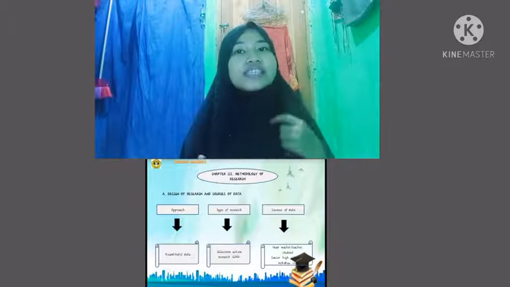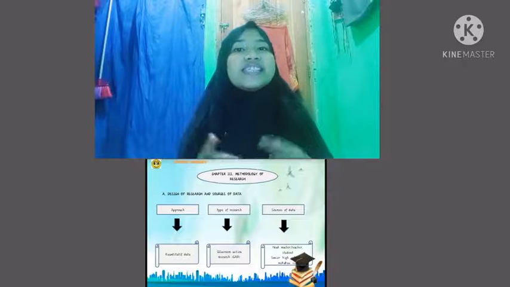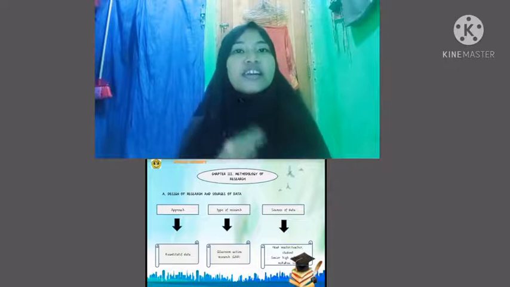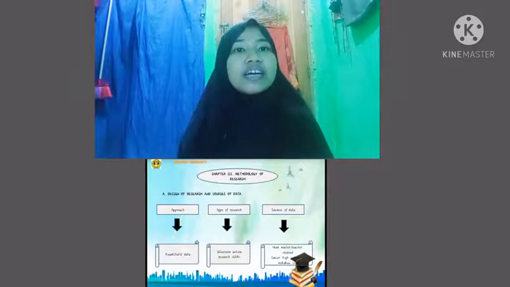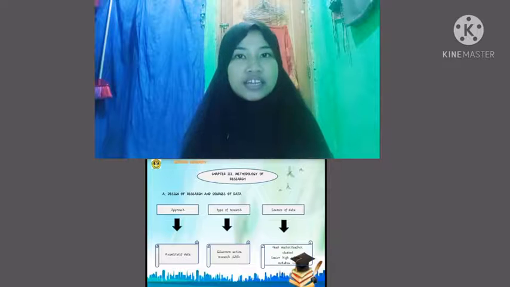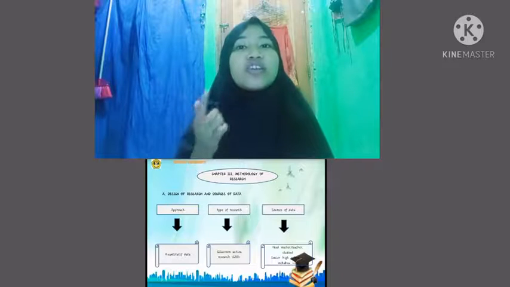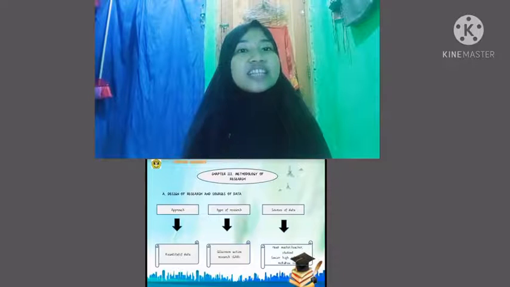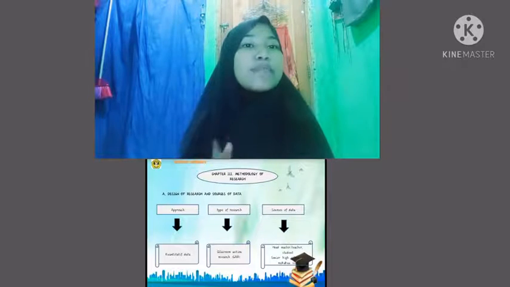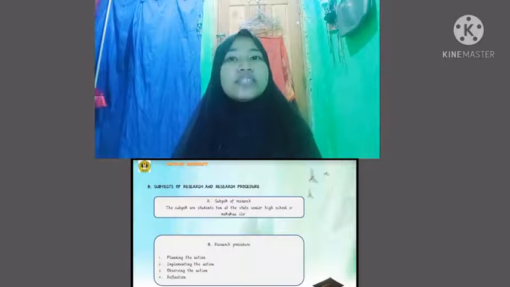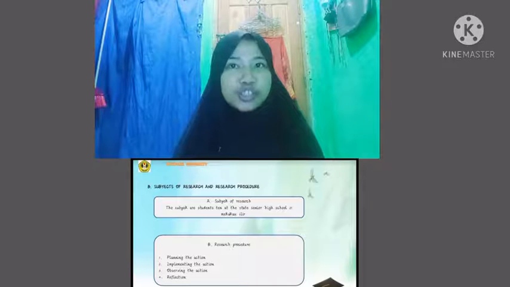Source of data in this study consists of several sources. They are the headmaster, teacher, and student, situation and condition, and the document of the State Senior High School number 1 Mekakau Ilir. And the next, subject of research and research procedure.